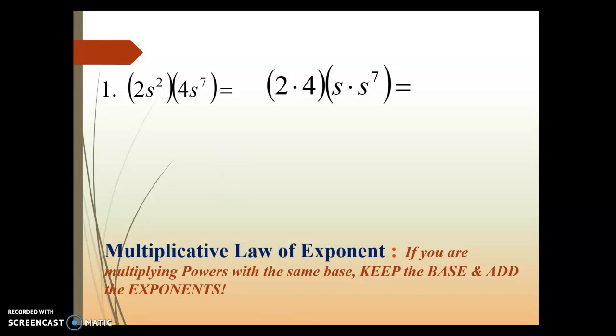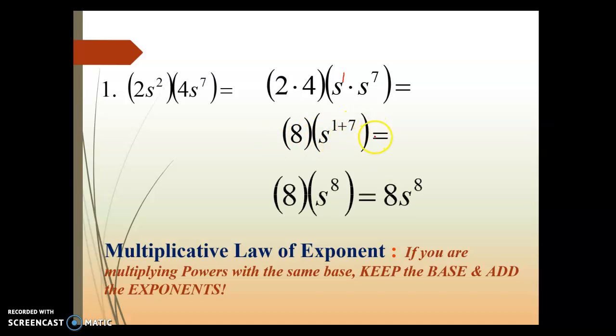Take note, what is the exponent of s here? It's an invisible 1, right? So 1 plus 7, which is equal to 8, so 8 times s raised to 1 plus 7, which is equal to 8s to the 8th. You get my point?